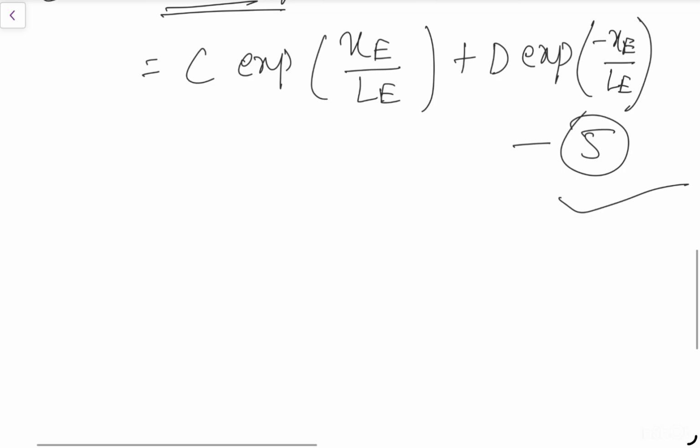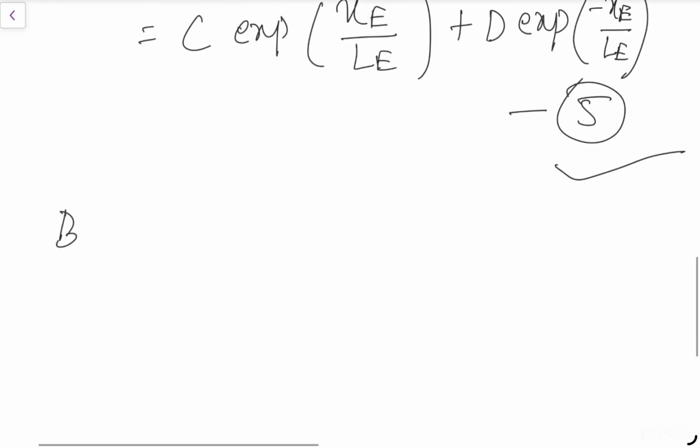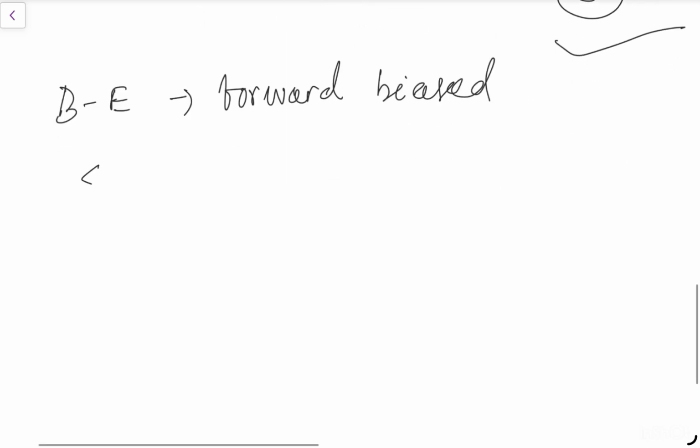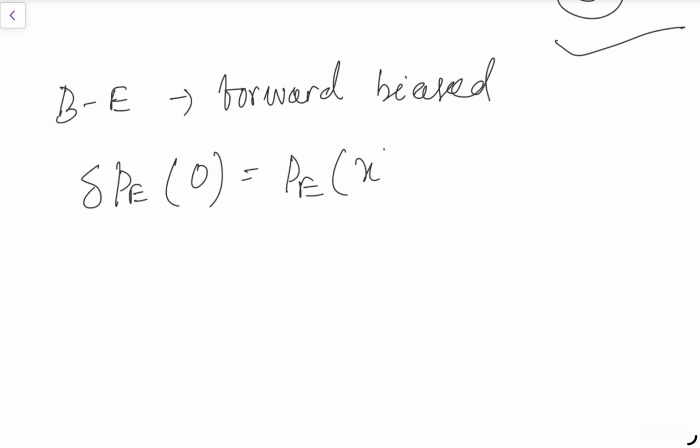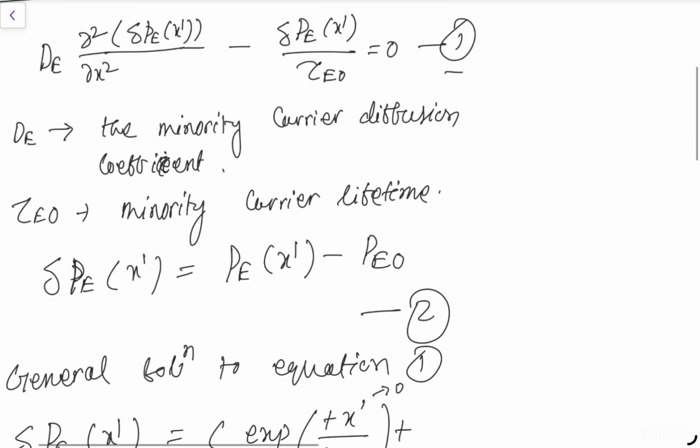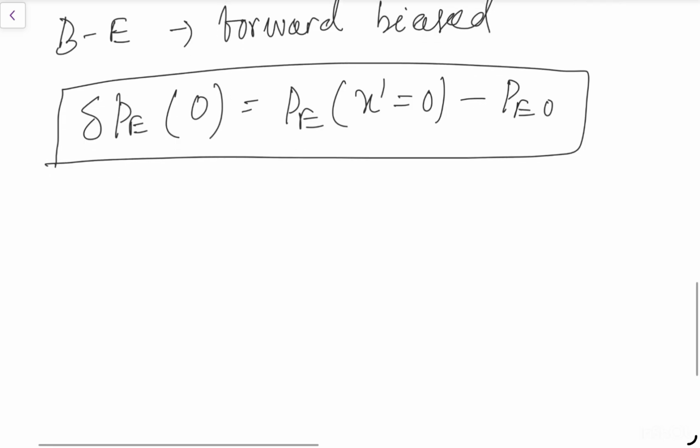So as it is forward biased, delta PE at x dash equal to 0 equals PE at x dash equal to 0 minus PE0. This is for any excess carrier concentration: delta PE(x dash) is equal to PE(x dash) minus PE0. If you go back to equation 2, we just substituted x dash equals 0 there and rewrote that equation.